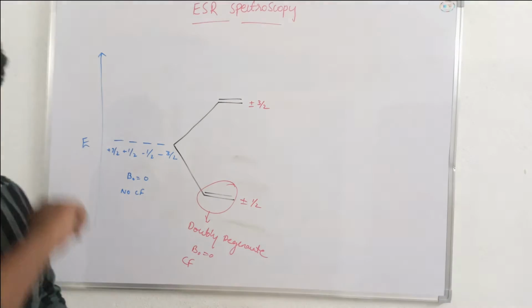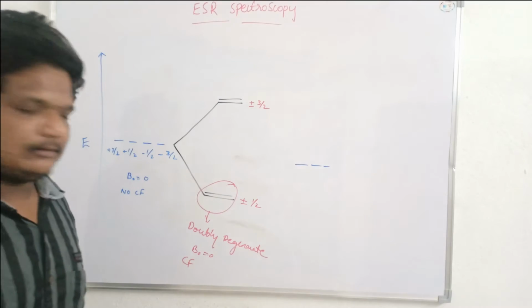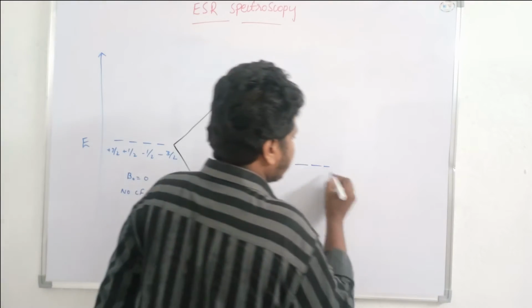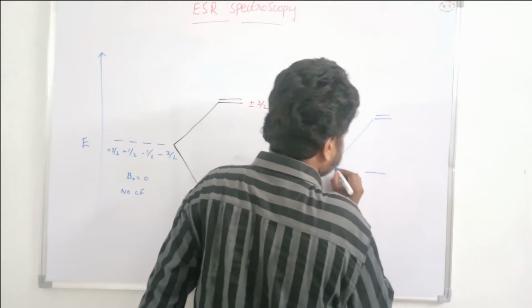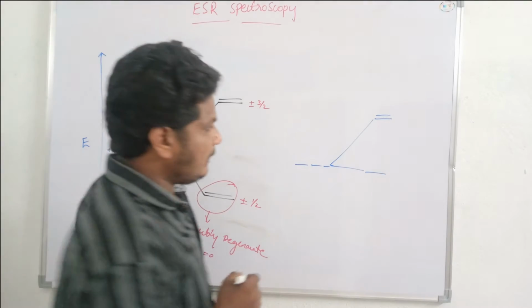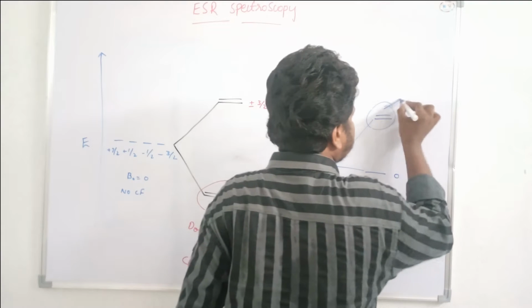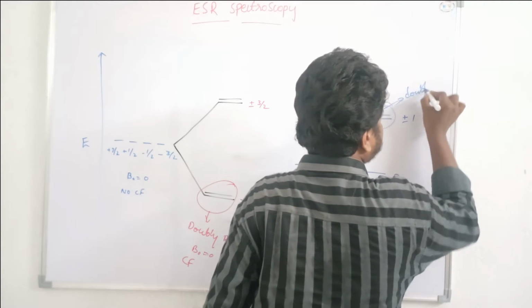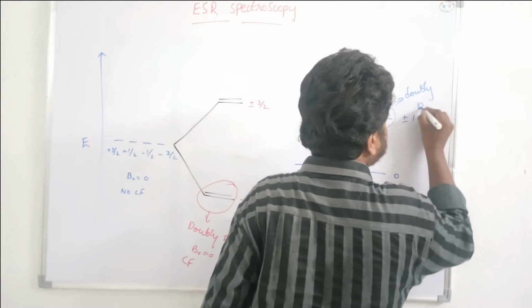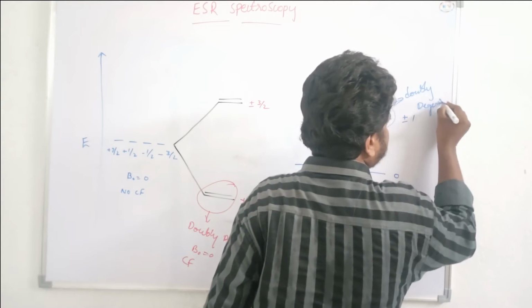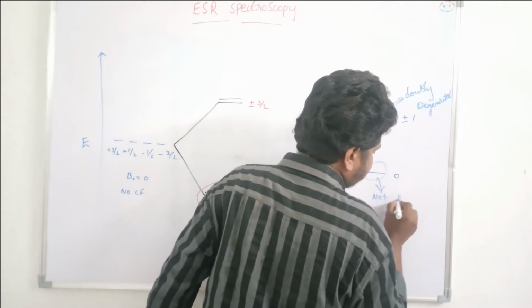Whereas in the case of the d2 system, we have three energy levels. In zero field splitting, we can observe this kind of splitting: here it is 0 and here it is plus or minus 1. The plus or minus 1 level is doubly degenerate, but the 0 level is not.